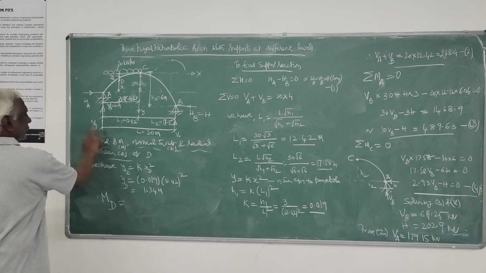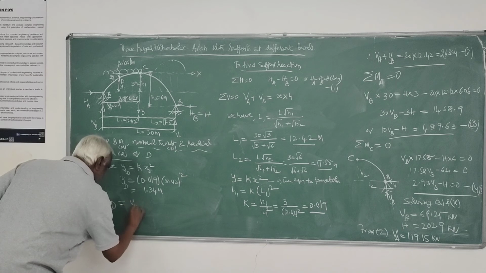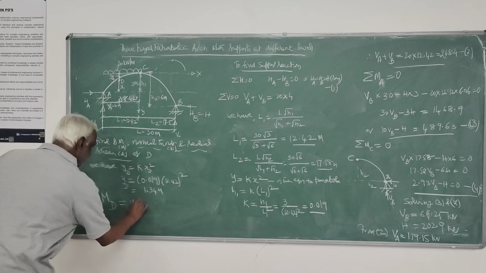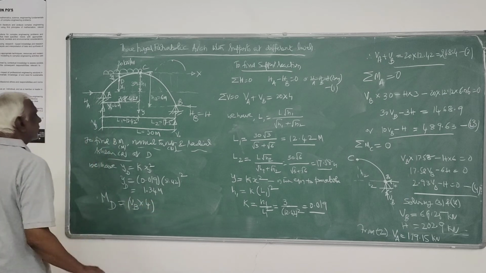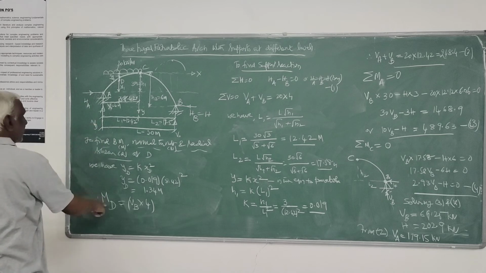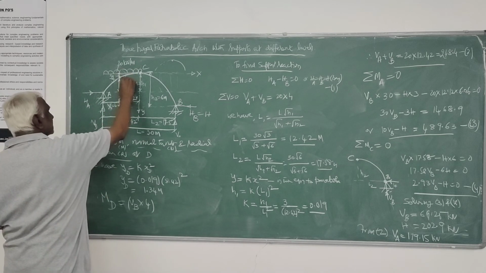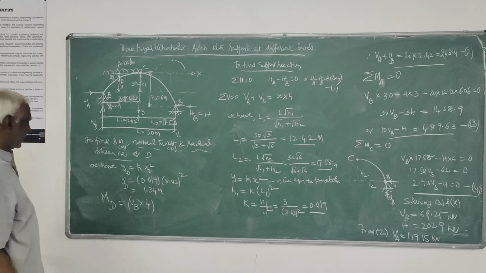Therefore, MD is equal to VB, which you have already determined, 69.25, into that 4. VB into 4 is clockwise, then this MD is like this. Always take it in the opposite direction.